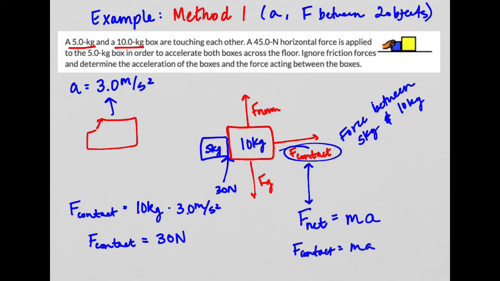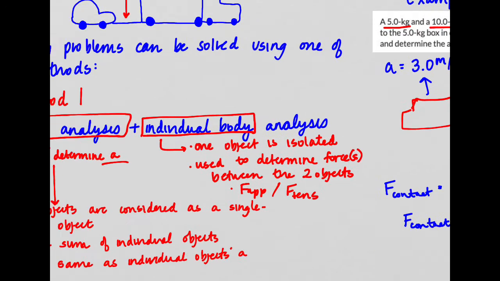We made it one object instead of two objects. That was the system analysis. And then the individual body analysis, we looked at just one of the boxes or one of the objects, and then we used that in order to determine the force that's acting between the two objects. All right? So there were two unknowns and we solved for both of them. So that's the first method.